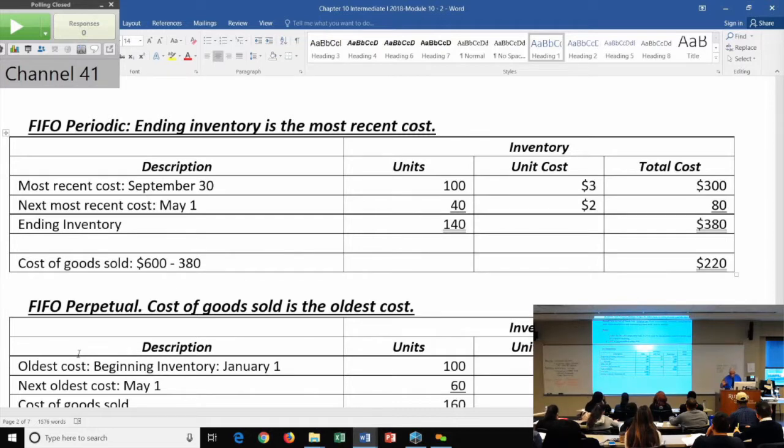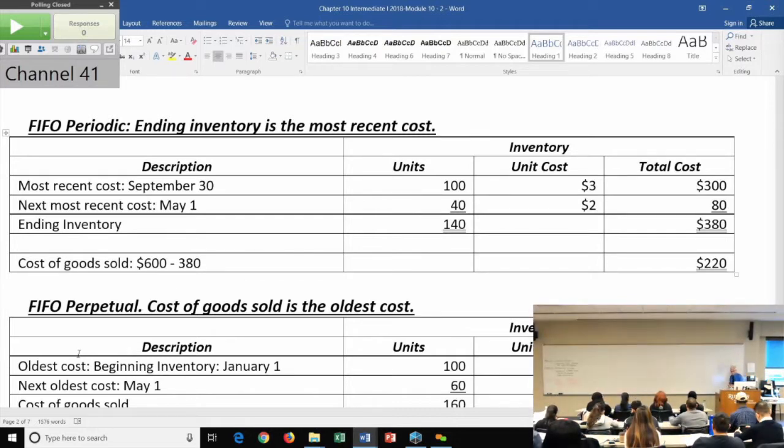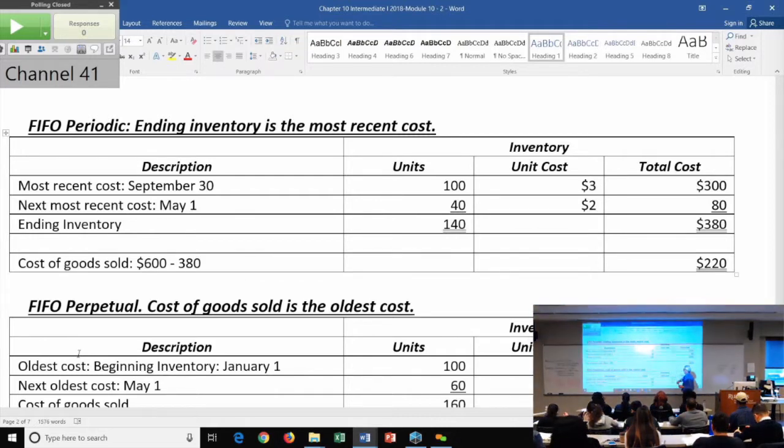Hopefully it's a review, but I want you to ask questions if you have any. So we now have the most recent cost, the September 30th purchase, 100 units at 3. Next most recent, May 1st, 40 units at 2. And the ending inventory, and I'll summarize this later, is 380.